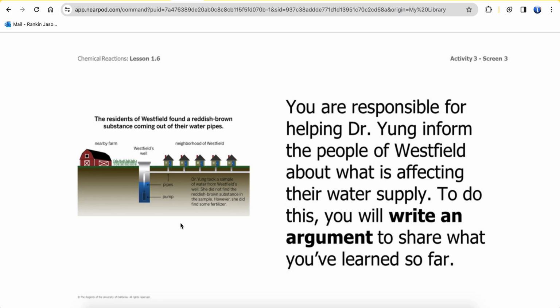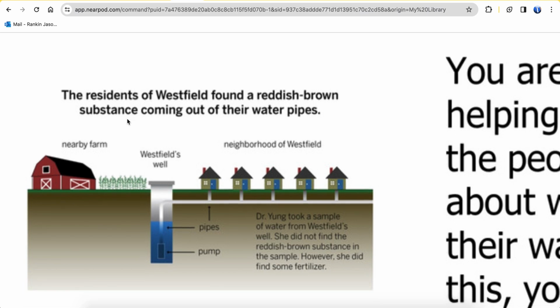All right, your job is to write an argument to the people of Westfield in terms of what claim it is right now at the end of chapter 1. Residents of Westfield found a reddish brown substance coming out of their water pipes. We have the neighborhood of Westfield.